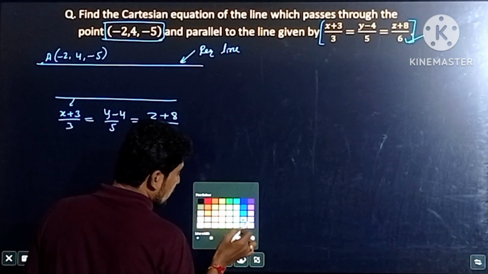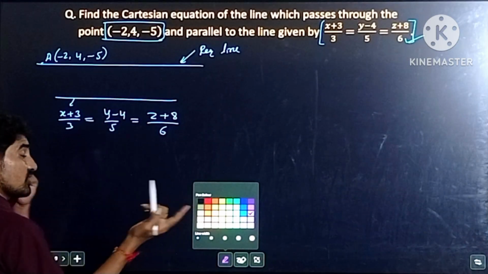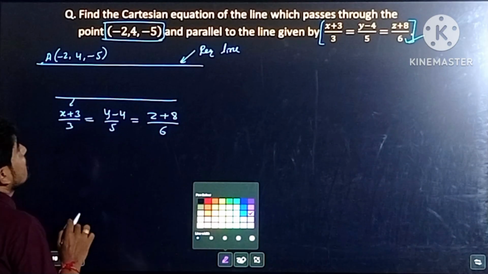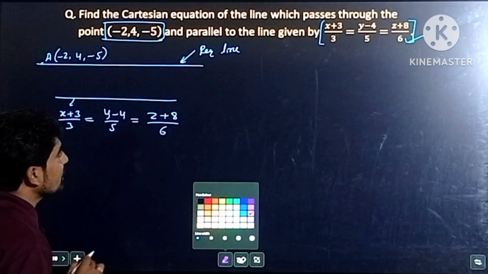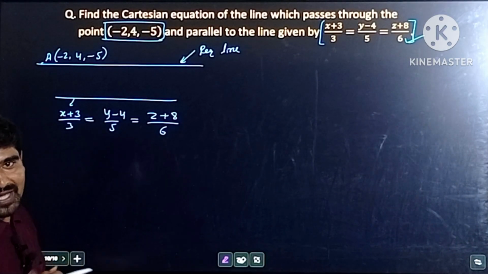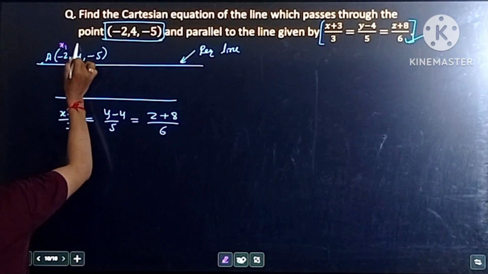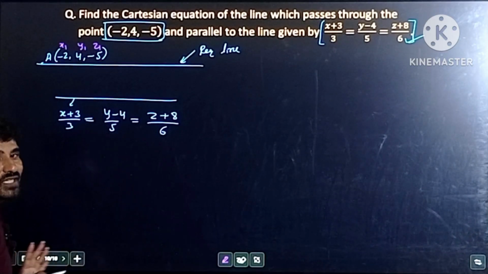In this question only the Cartesian equation is given. So for the Cartesian equation, we need x1, y1, z1 and the direction ratios of the parallel vector.